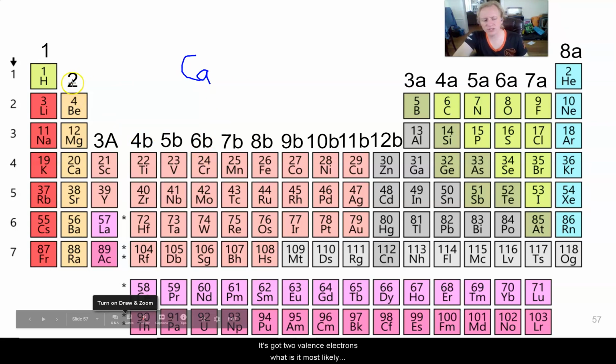What is it most likely to hang out with? Remember, it wants to get rid of those 2 electrons. So we've got calcium with our 2 electrons here. It's probably going to hang out with one of these group sixers, because these have 6 valence electrons, so they want to gain 2 more.